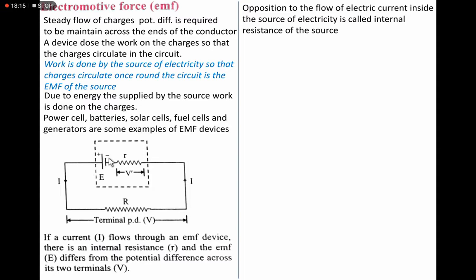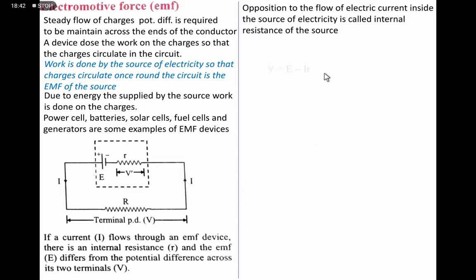The charges move in opposite directions, and the current is set up in the source of electricity itself. It is opposed by the resistance inside the source of electricity. This resistance is known as the internal resistance of the source.